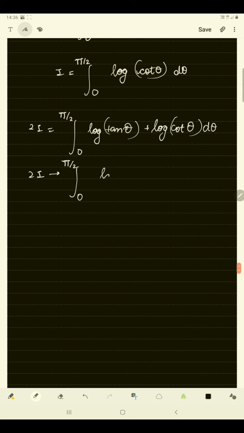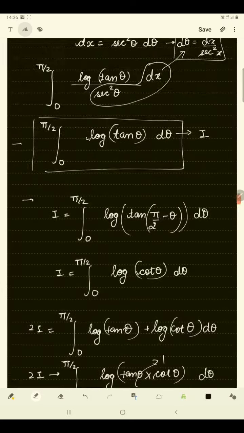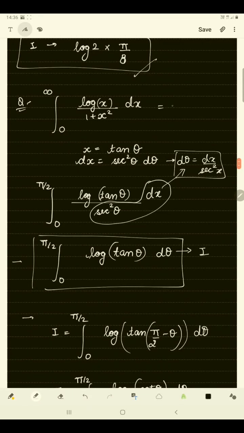So we can just write log of tan theta into cot theta, which is equal to 1, because they both cancel each other out. So we get log 1, which is equal to 0. So 2I is equal to 0, which represents I is equal to 0. So the answer to this question would be 0.